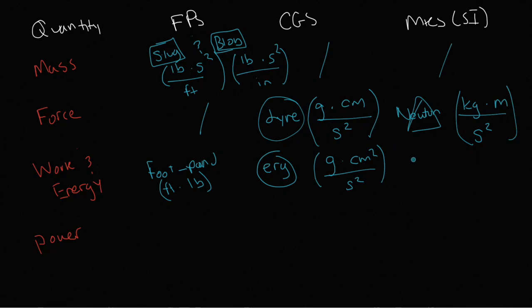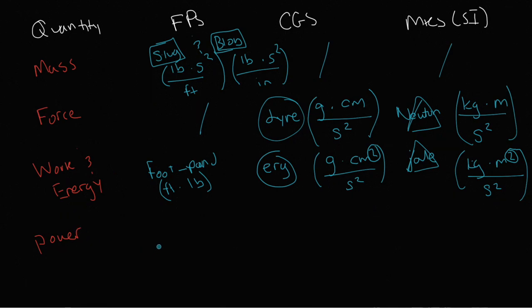And then in the MKS system, we have joules. Joules is kilogram times meter squared all over second squared. If we move forward from force to work and energy, you can see that the mass gets squared right here, and the centimeter gets squared from dyne to erg.